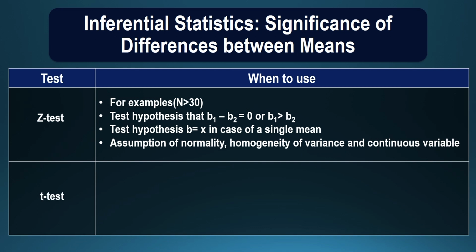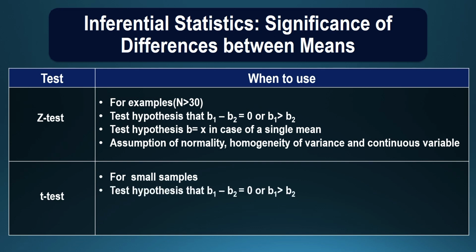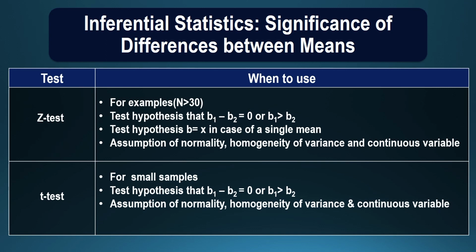T-test can be used when the sample is small, and again you are testing the hypothesis whether B1 is equal to B2 or B1 is greater than B2. The assumptions remain the same. That means you need to test the normality of distribution of scores, the homogeneity of variance, and the variable is continuous.